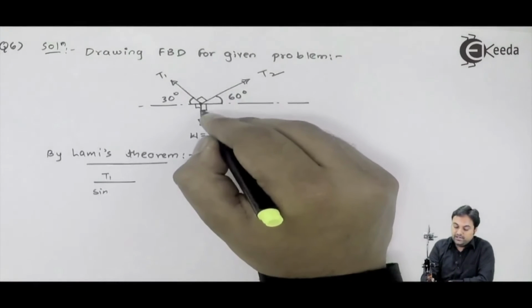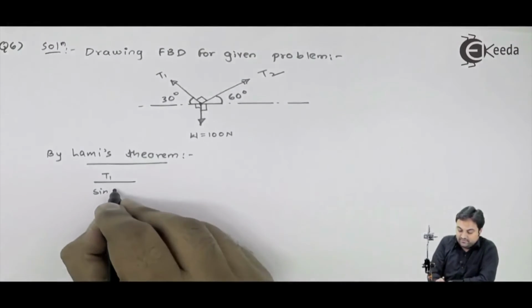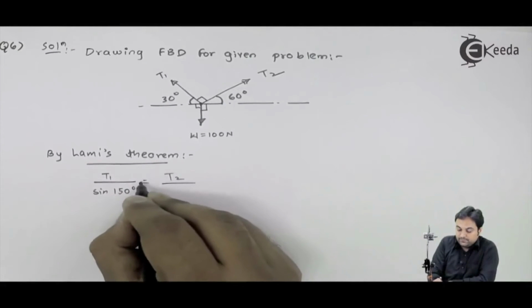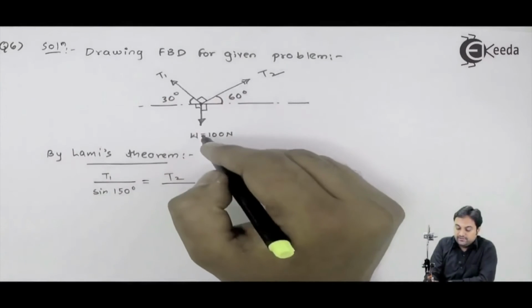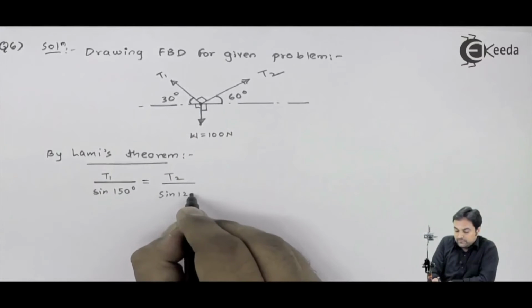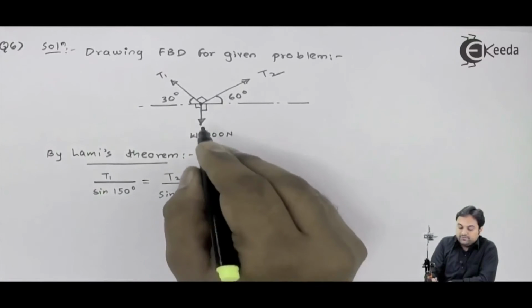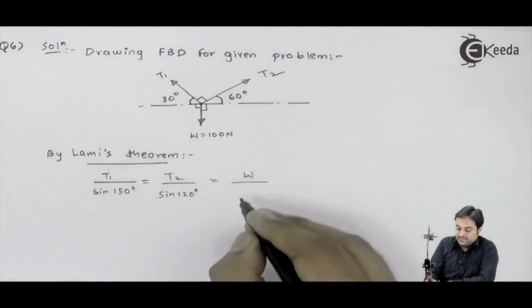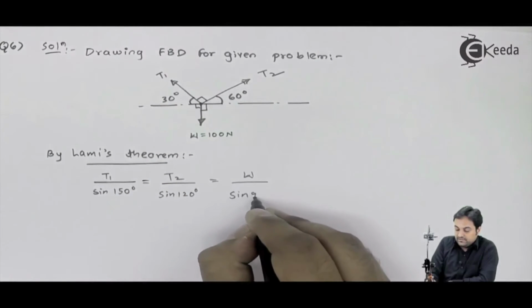W and T2, here I have 90 plus 60, that will give me 150. If I write T2, angle between T1 and W, so it is 30 plus 90, 120. If I write W, angle between T1 T2, that is 90, so sine 90.